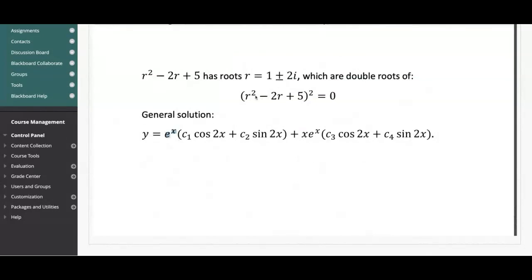So we have e to the 1x, the real part is 1. Then the complex part, we have cosine, because b is 2. We have cosine bx, 2x, multiplied by some real number, or sine bx, b is 2, multiplied by some real number.